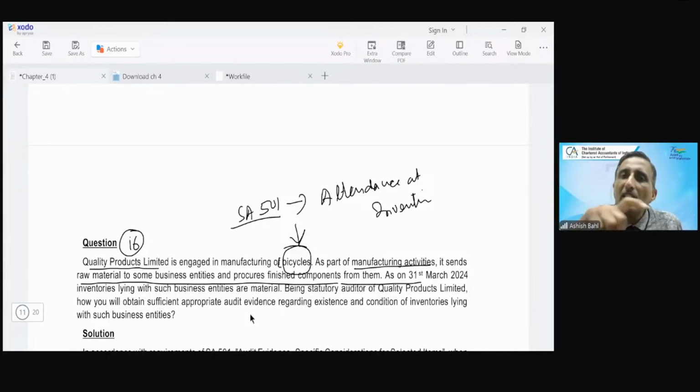As you know, this process is called job work. Now the company is getting job work done. It is getting material outsourced. As on 31st March, inventories lying with such business entities are material. So how are you going to obtain sufficient appropriate audit evidence regarding existence and condition of inventories lying with such business entities?